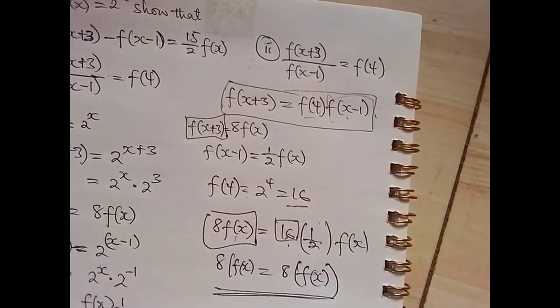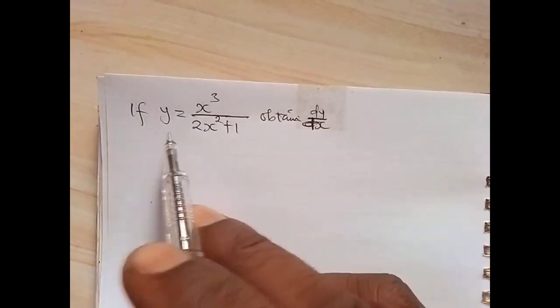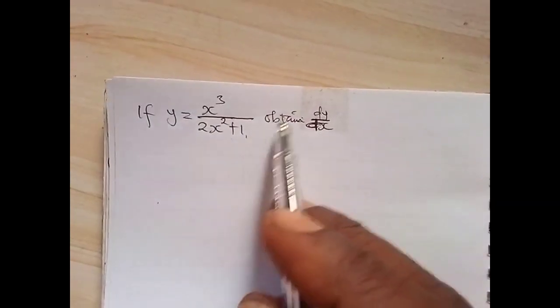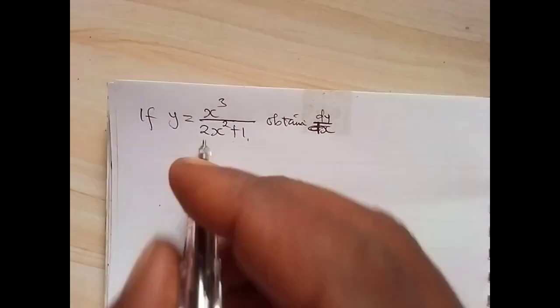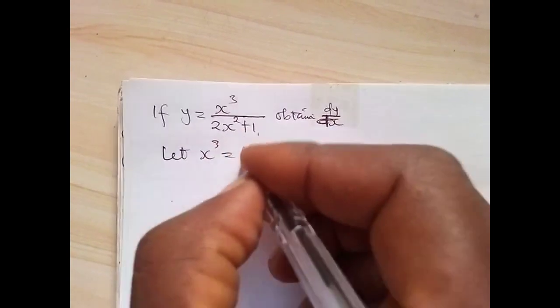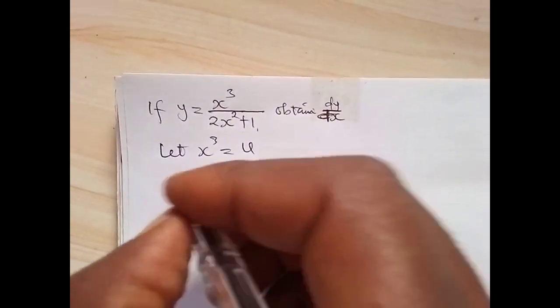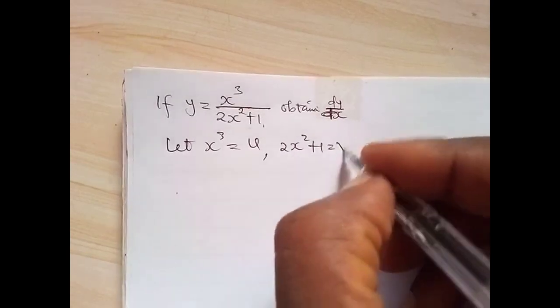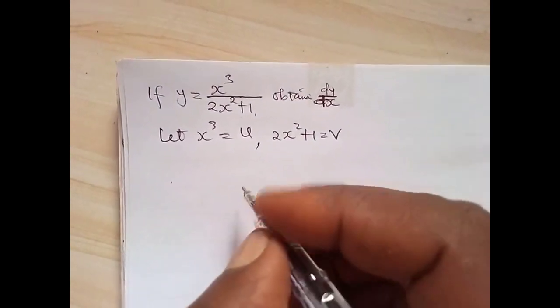The next question says, if y is x cubed over 2x squared plus 1, obtain dy dx. Now we can say let x cubed be called u, and let 2x squared plus 1 be called v. And we can use the quotient rule.